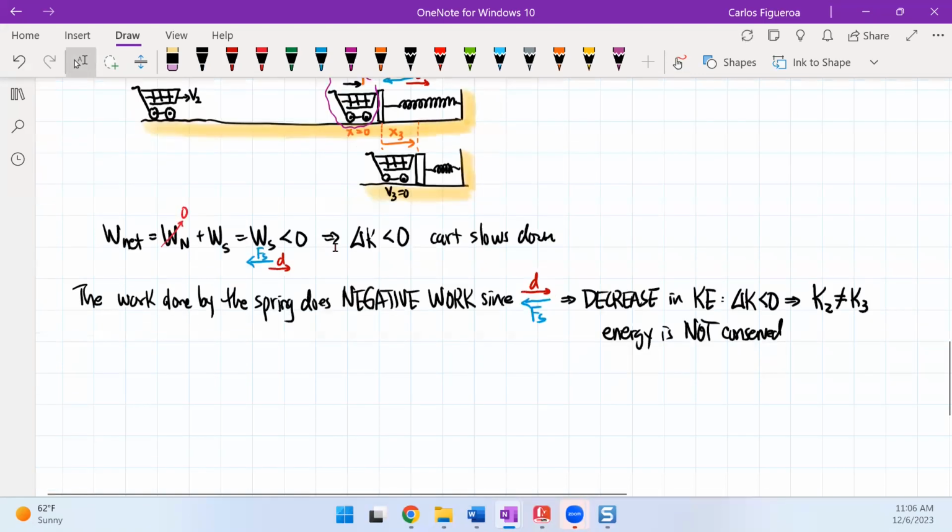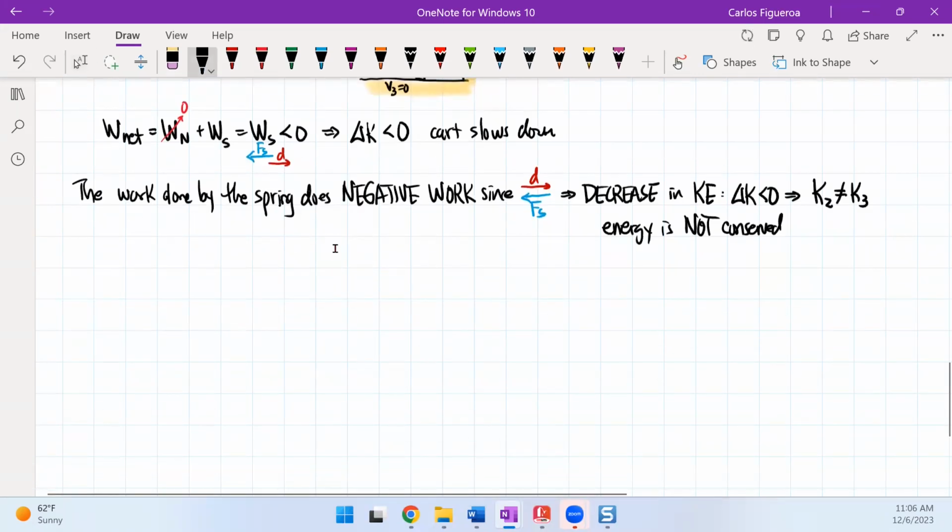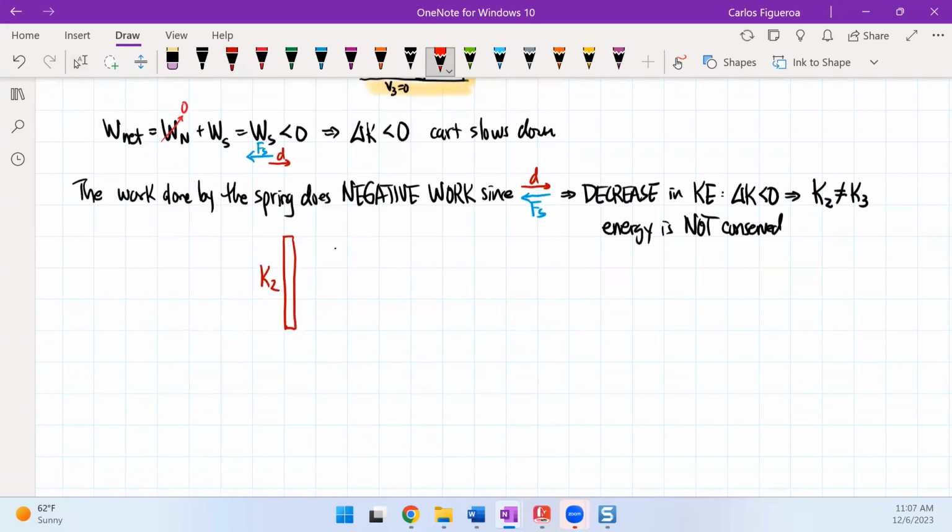So now what I'm going to do is come in and draw a bar diagram, which says here that I have this amount of kinetic energy coming in, which is positive, and I have this amount of work that's negative by the spring, and as a consequence, we know that the kinetic energy at 3 goes to 0.